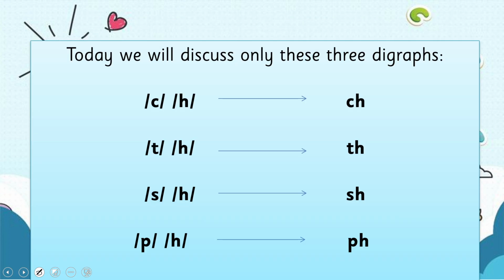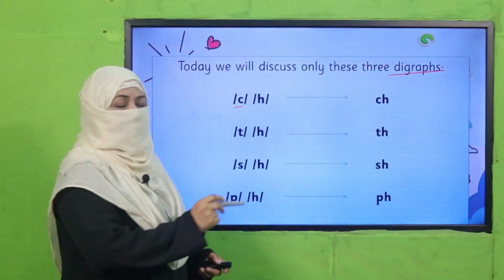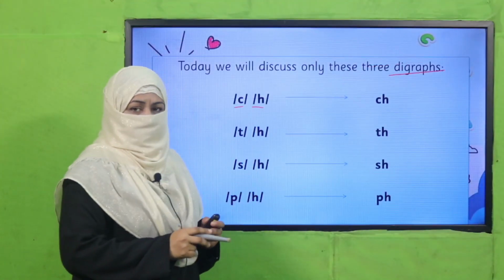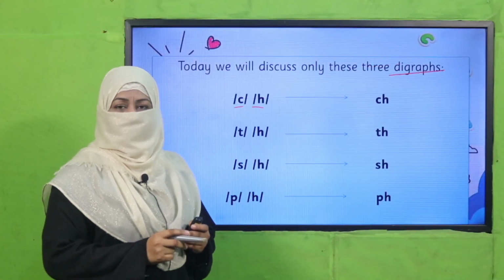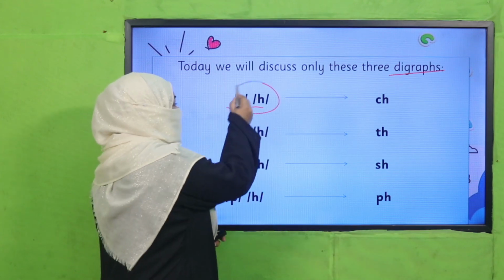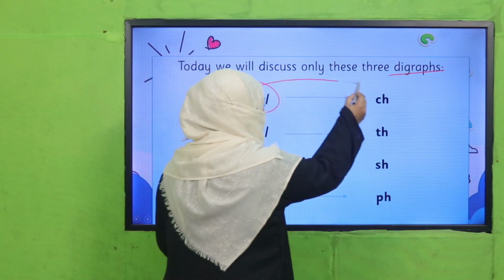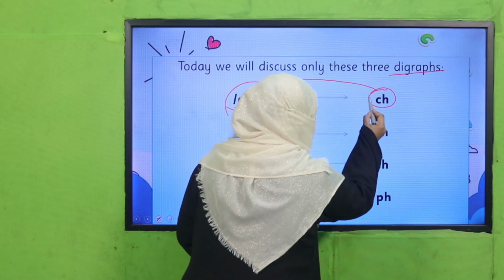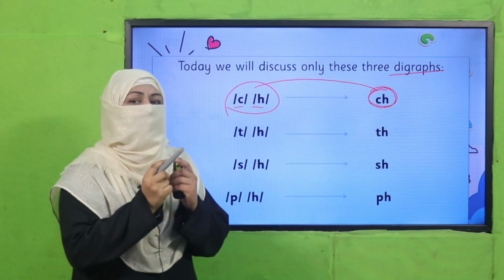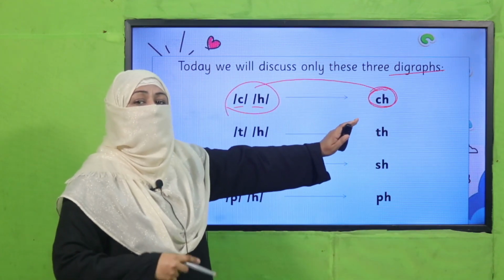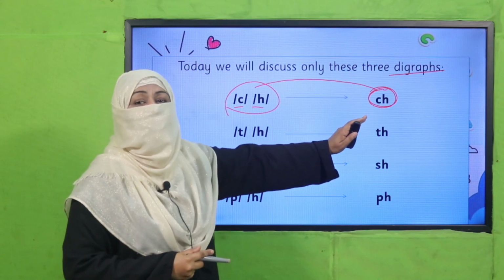So, we'll discuss these digraphs only. Okay, look at these. These digraphs, there are four. So, C is K and H is H. But together, whenever you find these two letters together in a word, there is a different sound, that is ch.